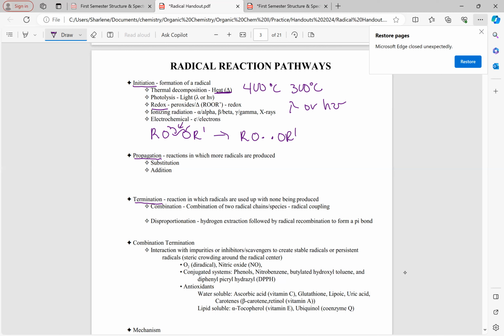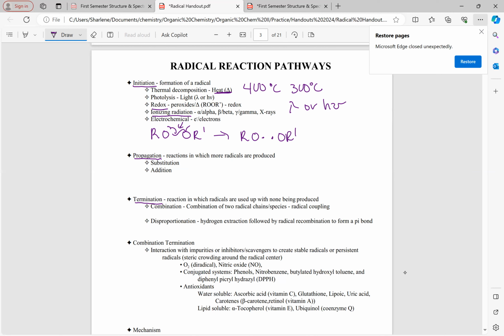So using some kind of peroxide is a starting, or initiation, phase. The peroxide is a redox reaction, and it does need a little boost, a little light or heat, to get going, but it starts with some very nice radicals that will react.